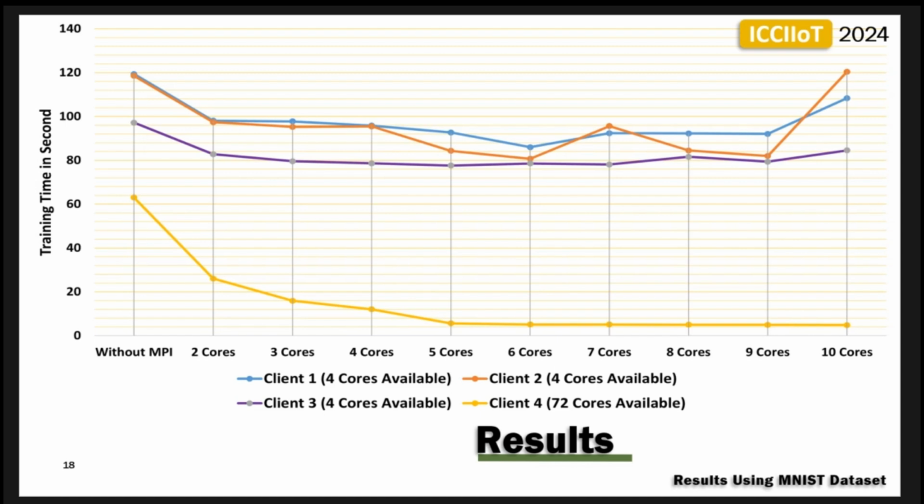Particularly for clients 1 and 2, the increasing training time with more cores beyond the available cores can be attributed to the overhead of MPI communication and inefficiencies that arise from attempting to parallelize the task beyond the system hardware capabilities.